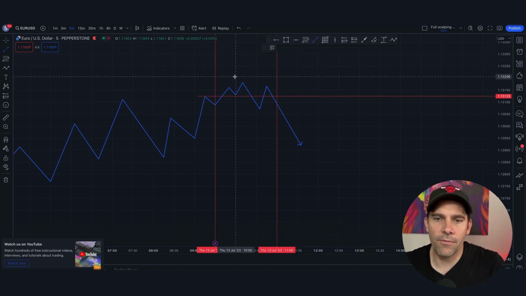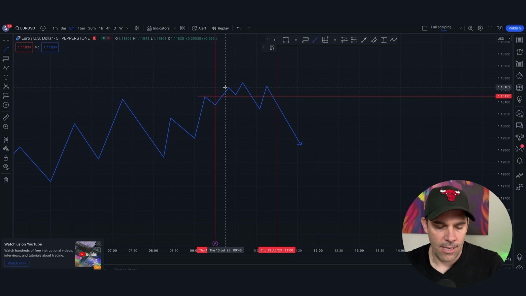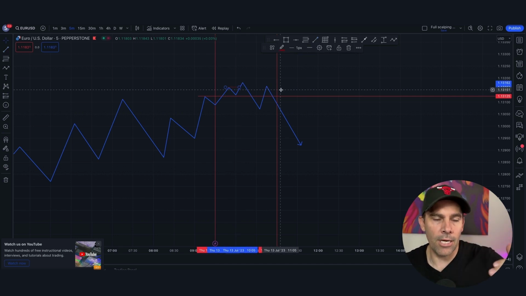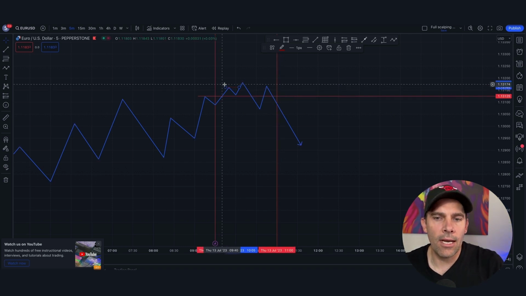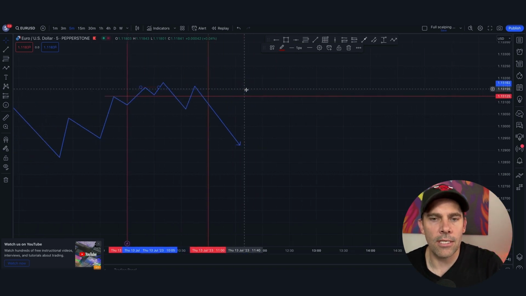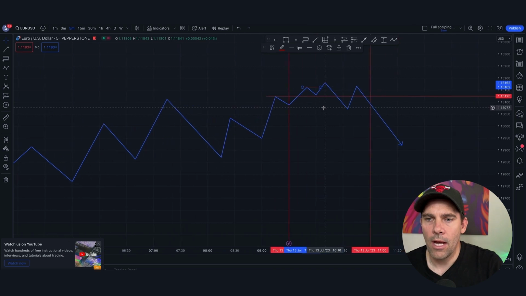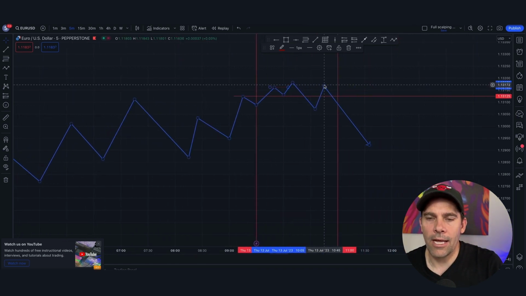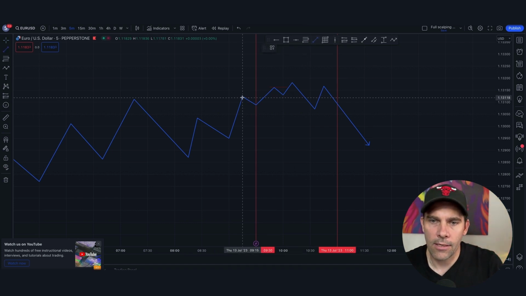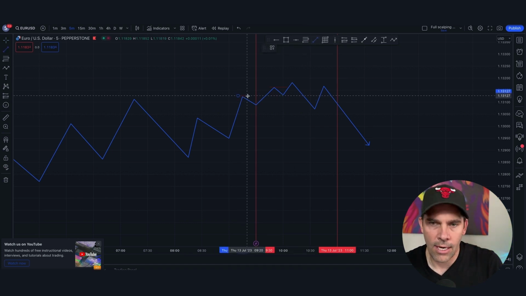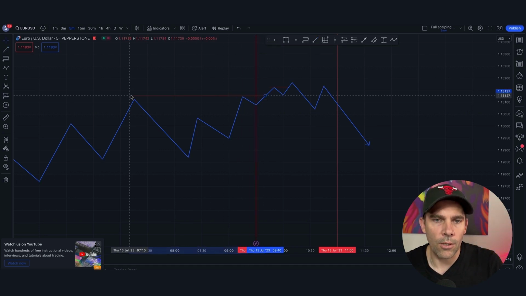A change of character for me, if it's a bullish grab of liquidity on the top side, what I like to see is after that grab of liquidity, I want to see a high get broken, and straight away, let me just remove this now, so I will keep these clear. So obviously this was our high that was broken, or you can call it liquidity.